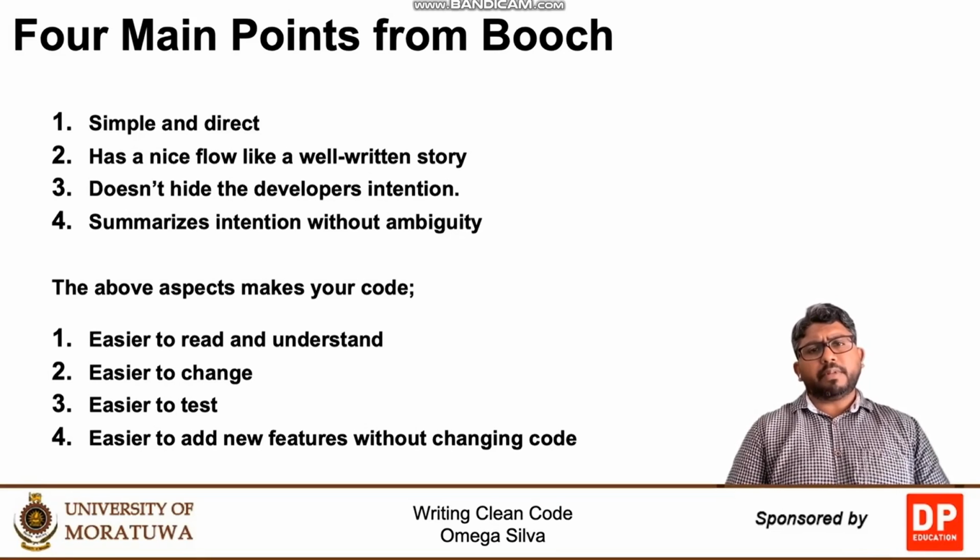So if you have these qualities in your code base, it becomes easier to read and understand, easier to change, easier to test what you wrote, and it also becomes easier to add new features by adding new code and minimizing the changes that you have to introduce to your existing code.